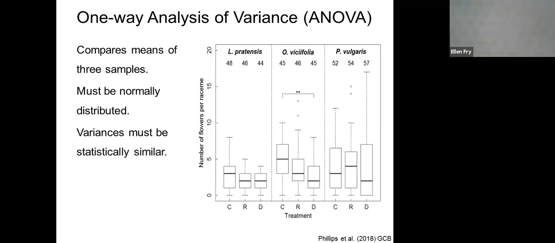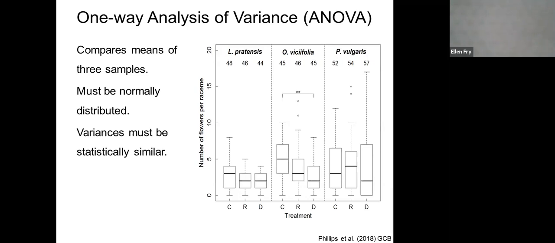We have Lathyrus pratensis on the left, Onobrychis viciifolia in the middle, and Prunella vulgaris on the right. So these are the 3 plant species. And then at the bottom we have control as C, R as roofed control, and then D for drought. And in this graph, we are looking at whether there is a difference between number of flowers per flowering head. So that's called a raceme.